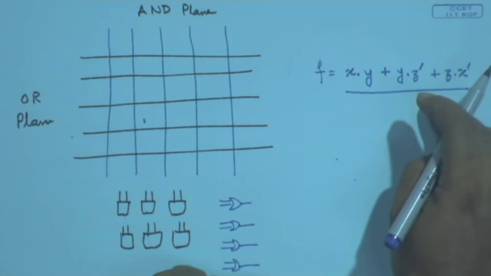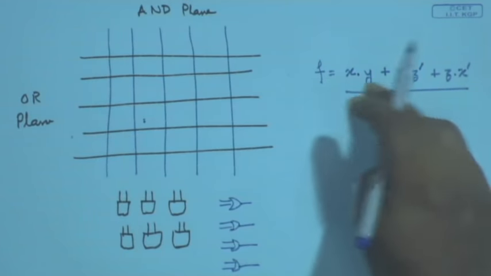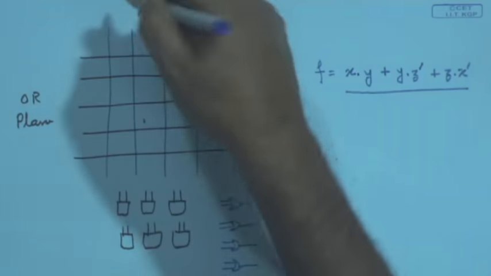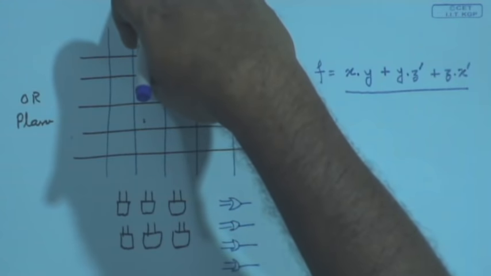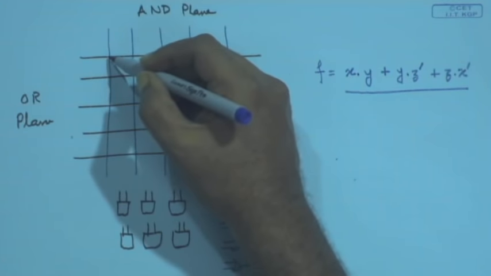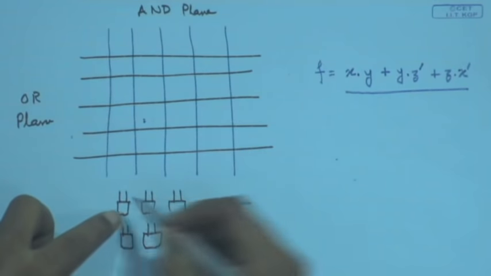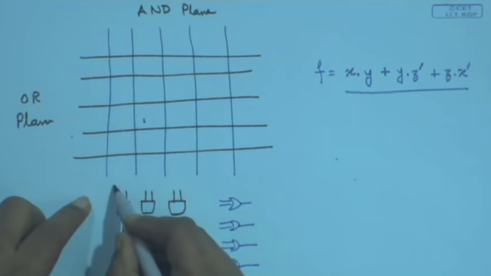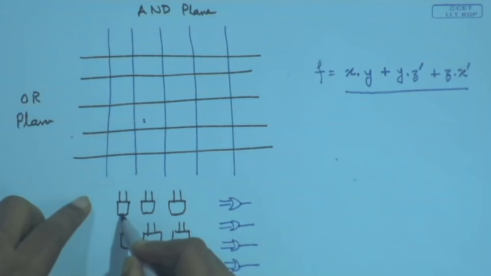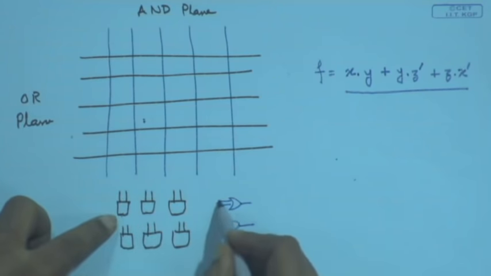Therefore, it is possible for me to implement these functions. If x, y, z are available here, then I can connect this AND gate, and here I put in x and y, and connect this to this OR gate.